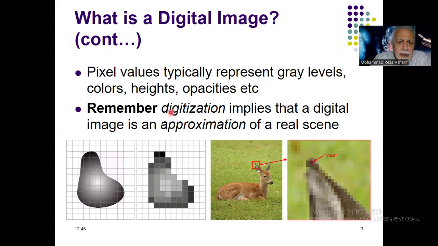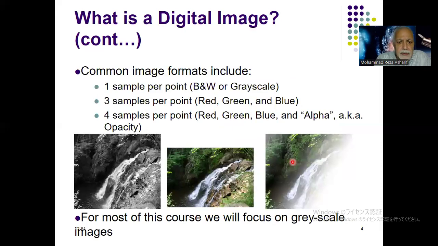Remember this: digitization implies that the digital image is an approximation of a real scene. So for instance, here is this, and then we make it bigger. One small pixel is here. So these are the kinds: gray level, color, heights, and opacity also.